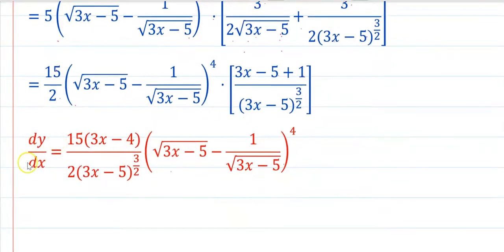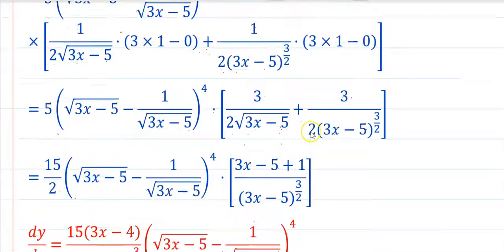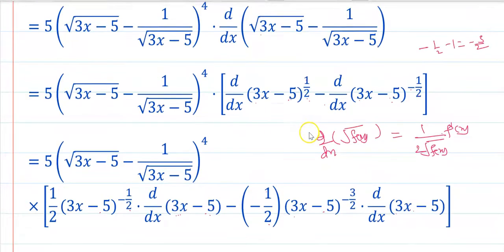Therefore, dy by dx is equals to 15 by 2 into 3x minus 4 upon 3x minus 5 raised to 3 by 2. Okay. Into, in bracket, root of 3x minus 5 minus 1 upon root of 3x minus 5 bracket is to 4. And in this way, we have completed the question number 1.